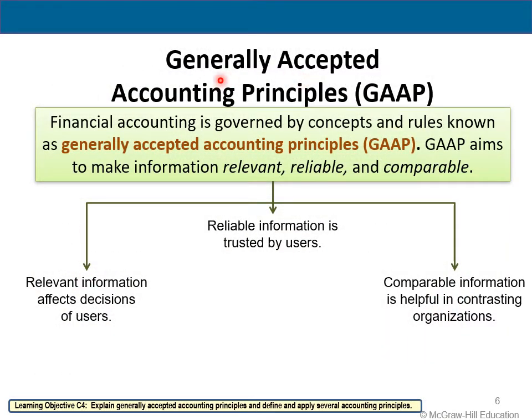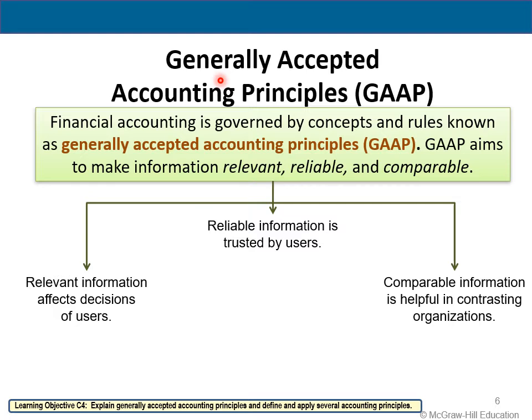These are the rules that we're going to be learning this entire semester. Generally accepted accounting principles, or GAAP. So that's an acronym we want to get familiar with because we're going to see it a lot this semester. Everything we're going to learn this semester is GAAP, right?